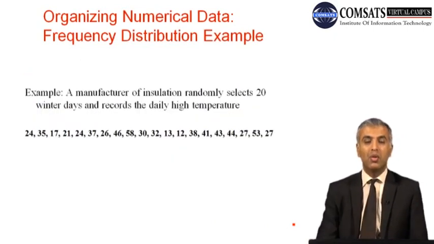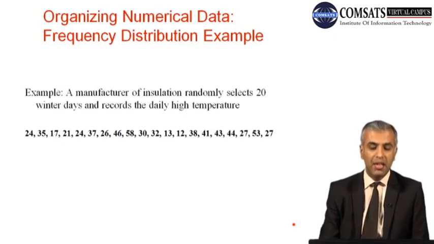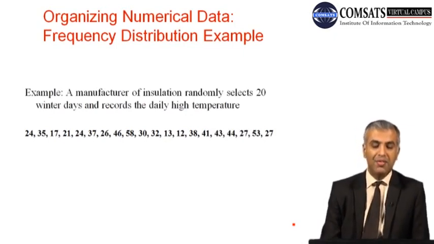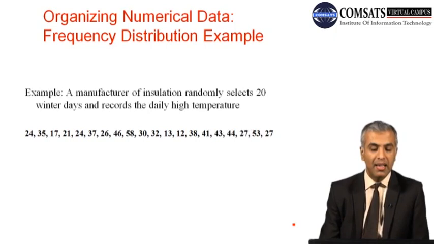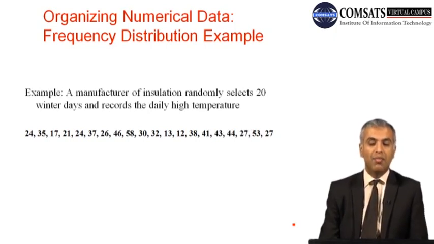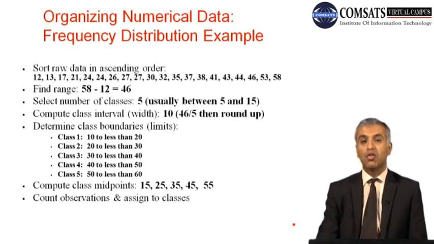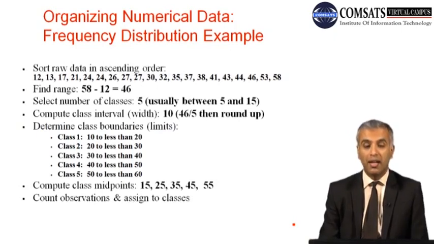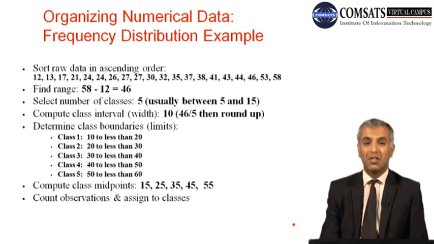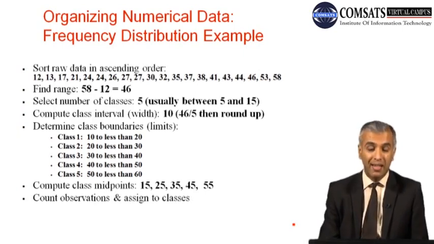Just going through an example, here we have a range of values which represent different temperatures recorded over a number of days. First, we sorted this raw data in ascending order, or in other words, an ordered array.